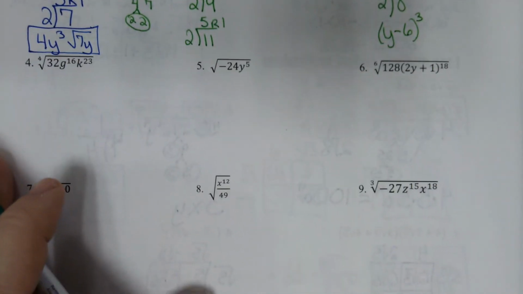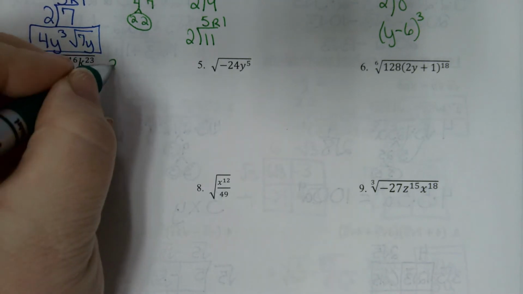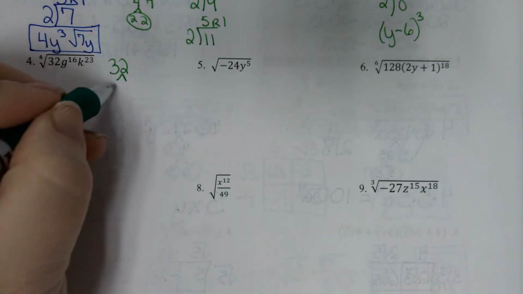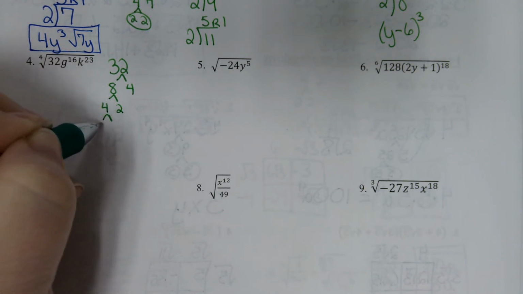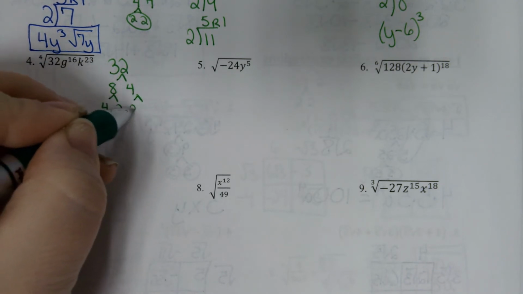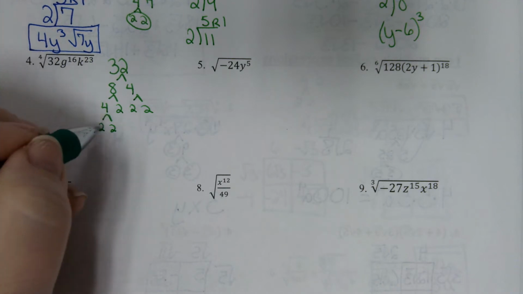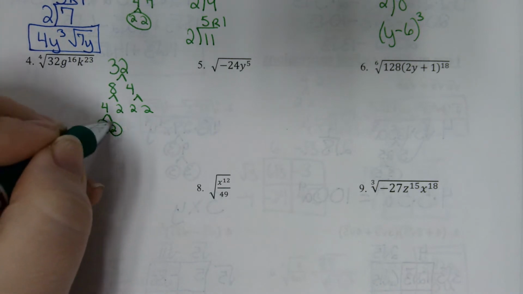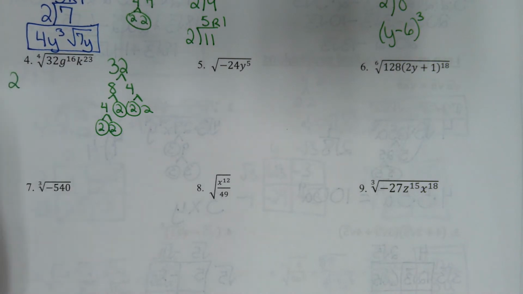For number 4, we need to do a factor tree for our 32. So 8 and 4, 4 and 2, 2 and 2, 2 and 2. The index this time is 4, so I need 4 of the same number to be able to come out of the radical. 1, 2, 3, 4 2's get to come out of the radical.